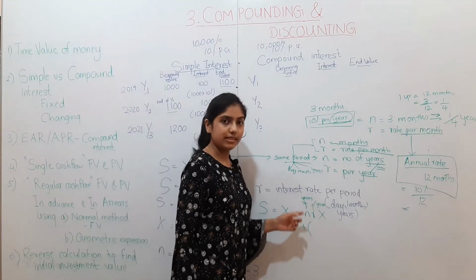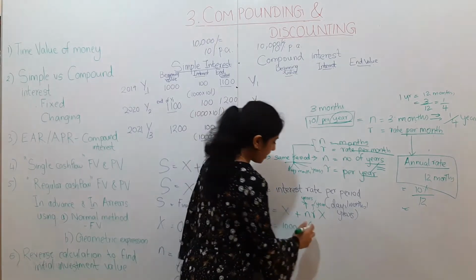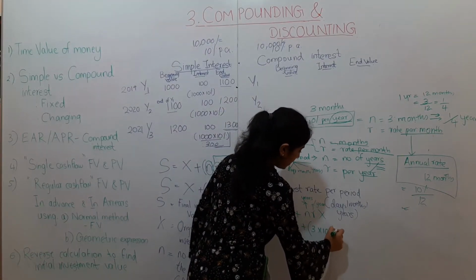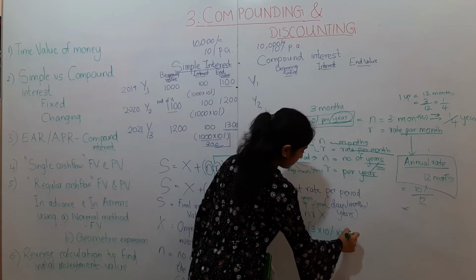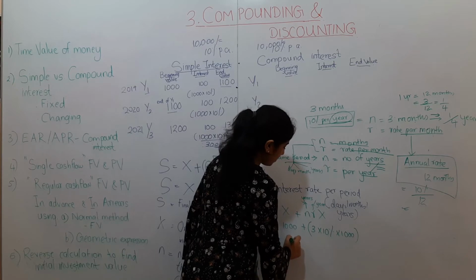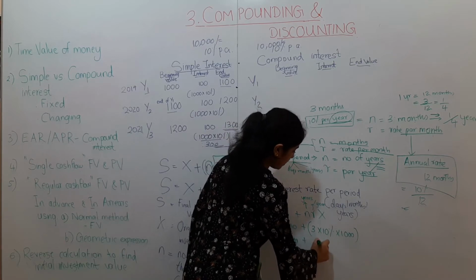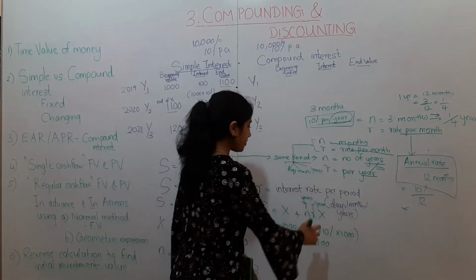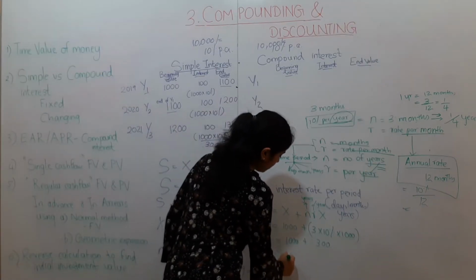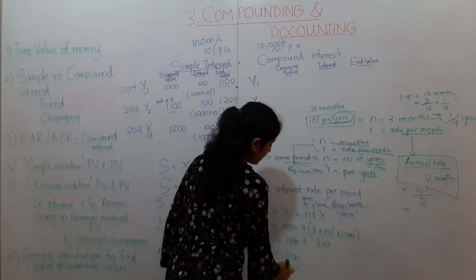It should be per year. So n is 3, r is 10% per year and x is 1000. Okay, 1000 plus it will be 300 over here. 10% into 1000 multiplied by 3 will give you 1300.